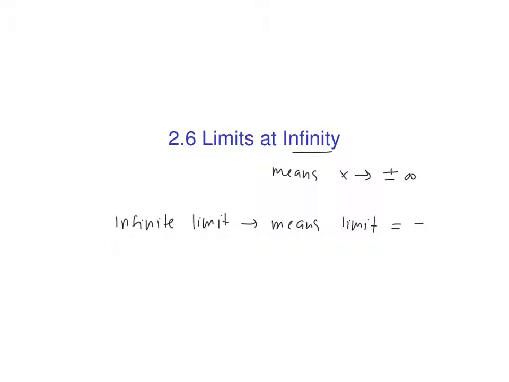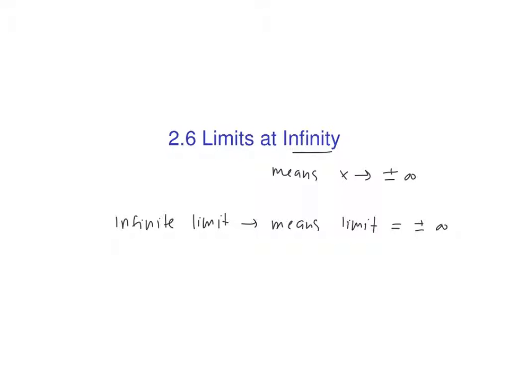Limits at infinity. So this is a bit of semantics. Limits at infinity means your x goes to some kind of infinity, versus an infinite limit, which means the limit equals some kind of plus or minus infinity.